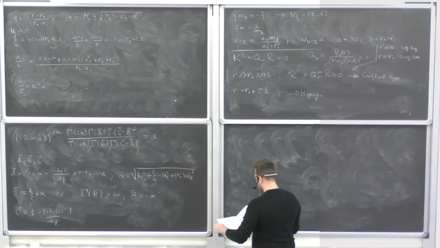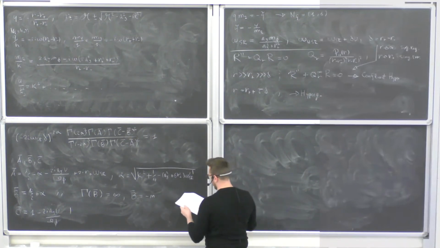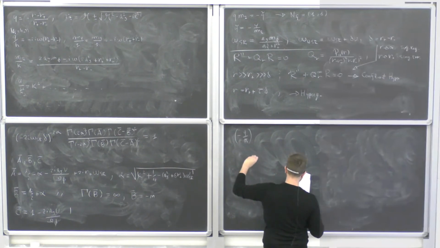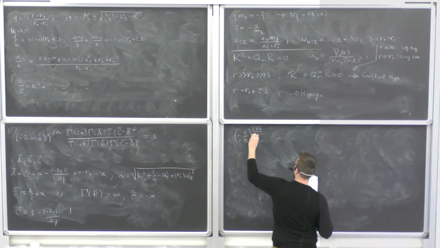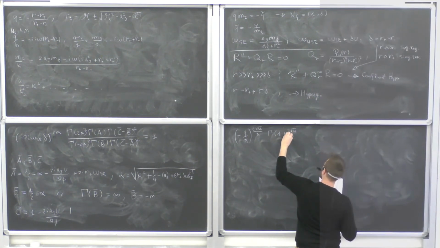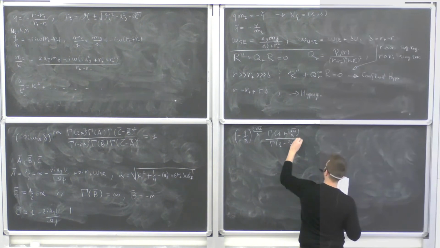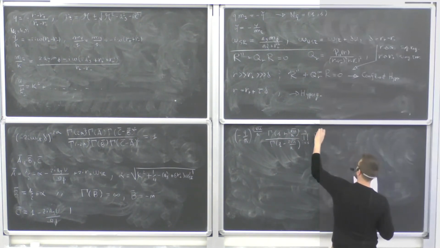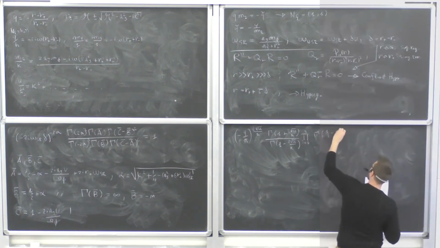If I rewrite this relation in terms of gauge quantities, what I find is that minus q over h bar to the power of the square root of u over h bar, i goes from 1 to 3, and then I have these gammas here, 1 over 2. Oh, this is a plus, sorry.